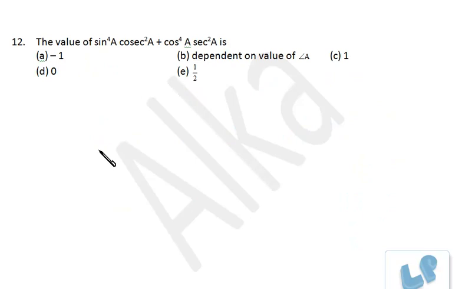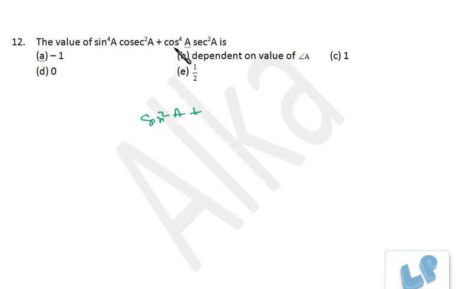Now this question: sin^4 a cosec^2 a plus cos^4 a sec^2 a, we have to find out the value. So sin^4 a into cosec^2 a. See, if we break up sin^4 a as sin square a and sin square a, then sin square a into cosec square a will be 1, as sin a into cosec a is 1, so we are left with sin square a only.